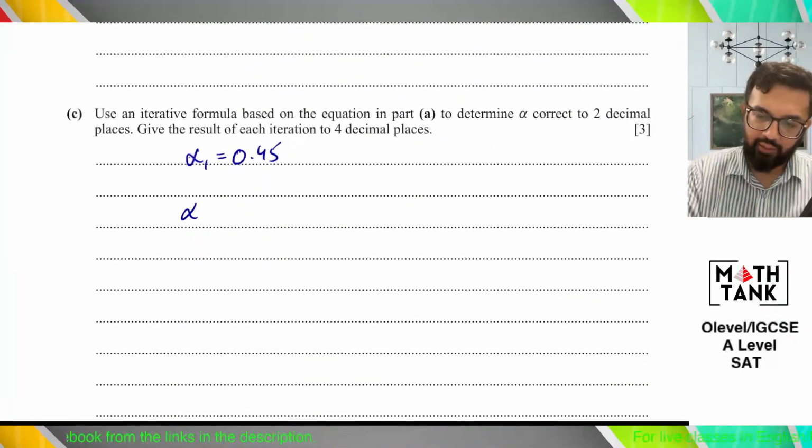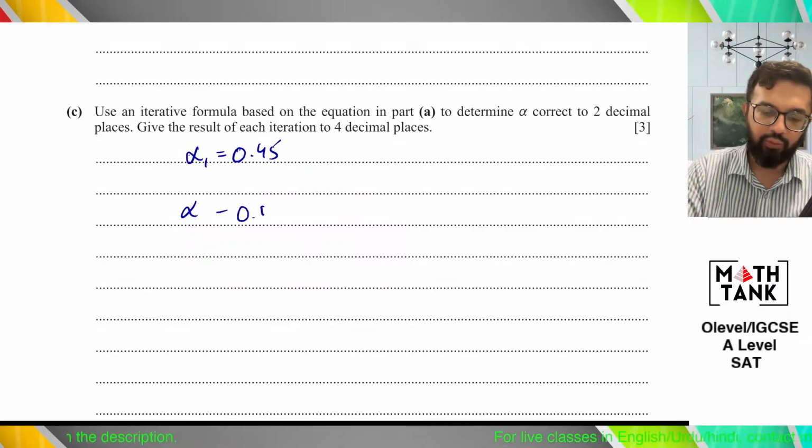So every iteration has to be corrected 4 decimal places.